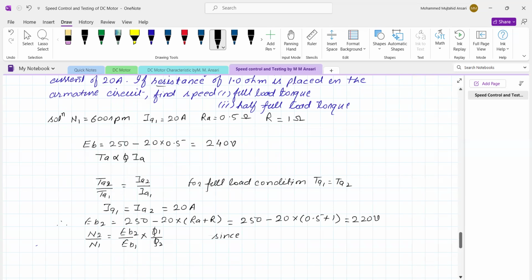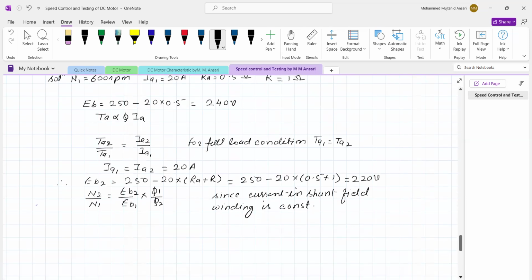Since the current in the shunt field winding or circuit is constant, we are not inserting any external resistance, phi 1 is equal to phi 2.